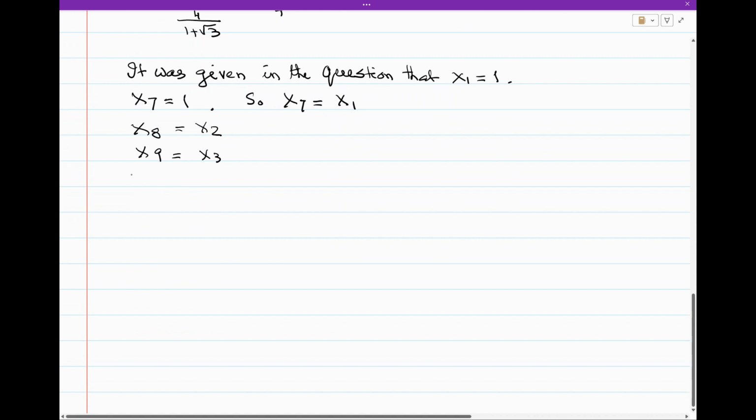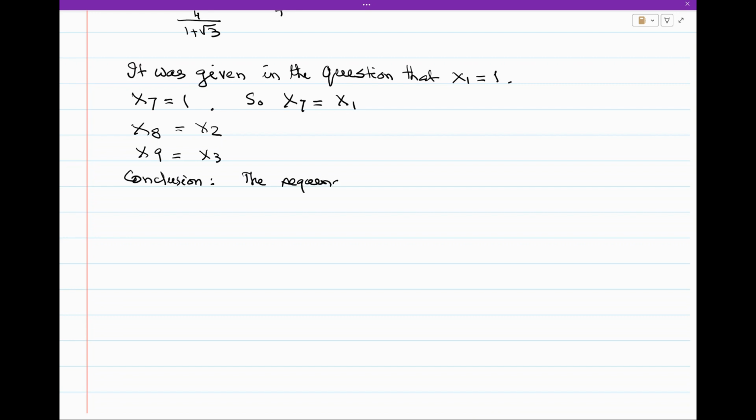So the conclusion is the sequence terms repeat after every sixth term.